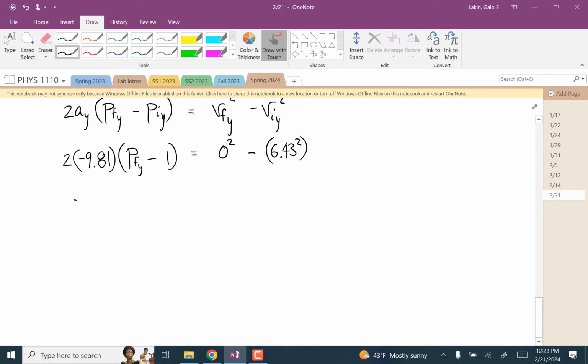Okay, so negative 19.62 times PFY minus 1 is equal to negative 41.34.